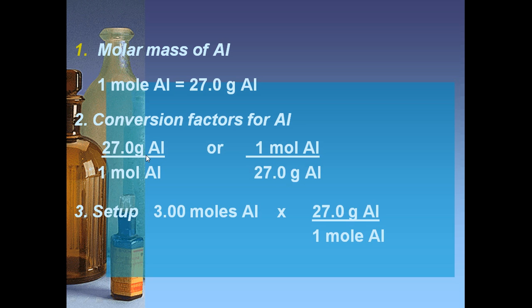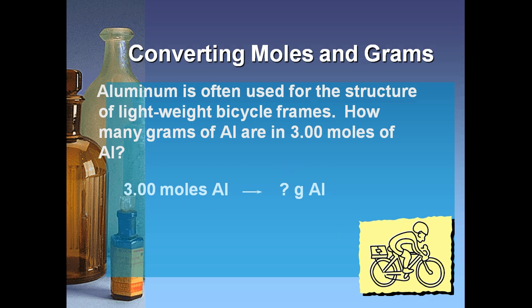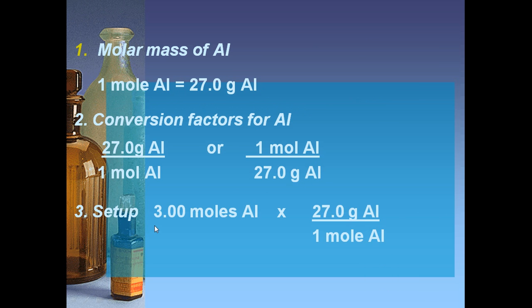Depending on what the problem is, you'll be using one of these two conversion factors. In the case of this previous problem, we want to go from moles to grams, so we are going to use the first conversion factor. Now remember dimensional analysis: we have to set up the problem first with our given, and then set up our conversion factor, which I'll do in another example.